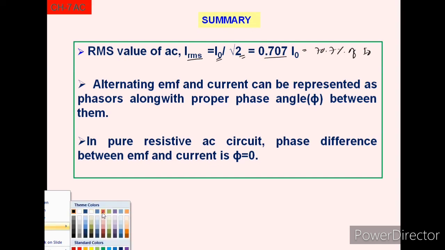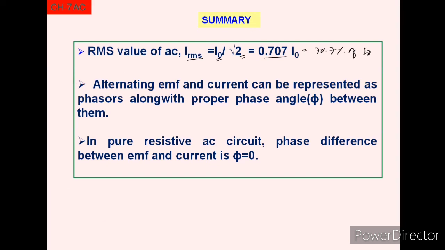Then next we understood what are phasors. Any rotating vector which represents some physical quantity is known as a phasor, and both alternating EMF and current in the alternating current chapter are taken as phasors, and they can be represented with suitable phase angle in a phasor diagram.